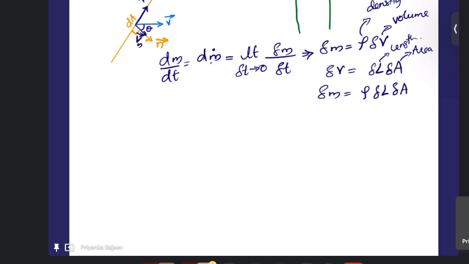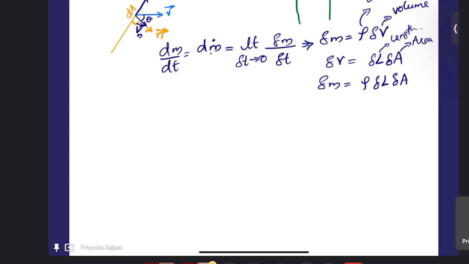Now, if I take this delta m expression to the limit, then we will get dm dot equal to the limit as delta t tends to 0 of delta L delta A rho by delta t.